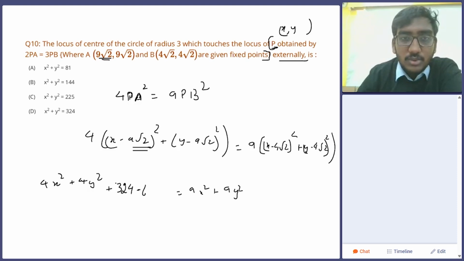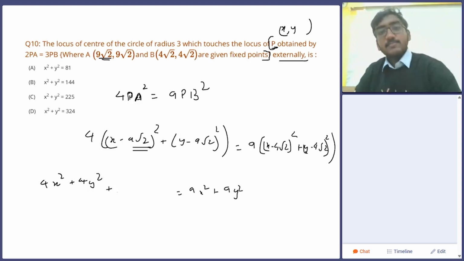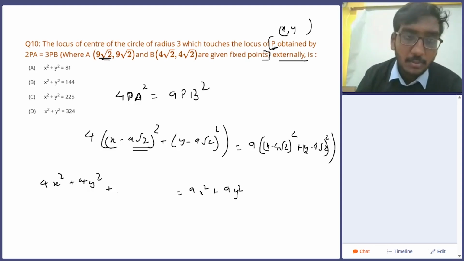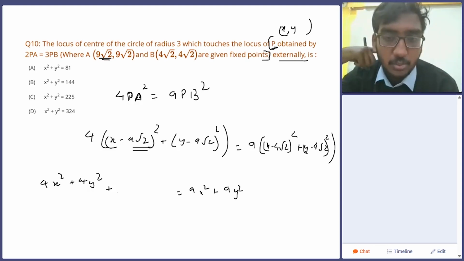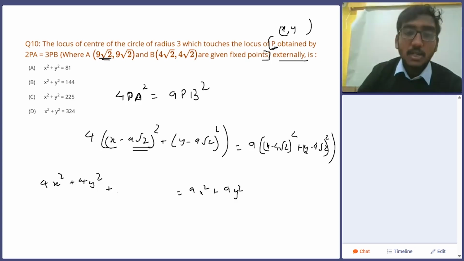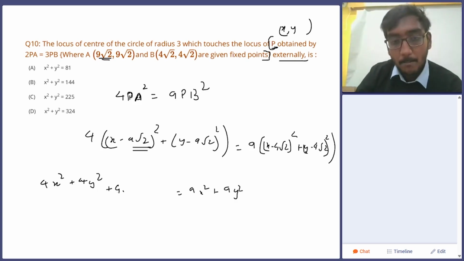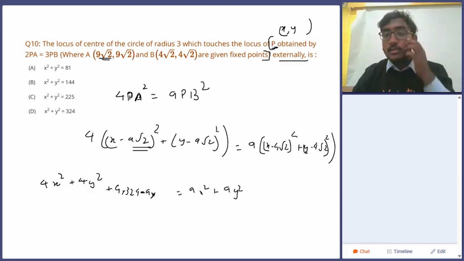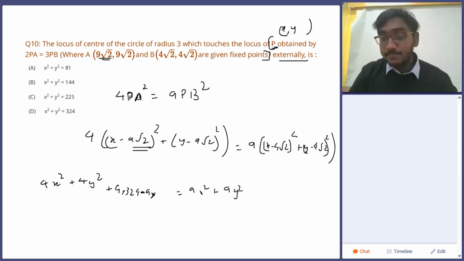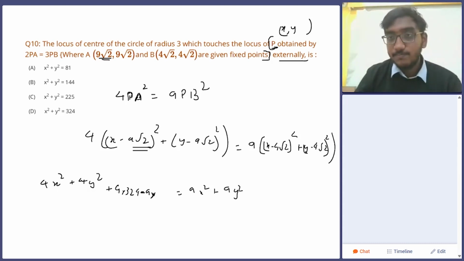Wait, I don't think so. It will not be there. The square value will be 162 plus another 162, 324, right? And when it is multiplied with 4, it will be 4 into 324. This will be 9 into 2 into 4 root 2 whole square. 4 root 2 whole square is actually 32.